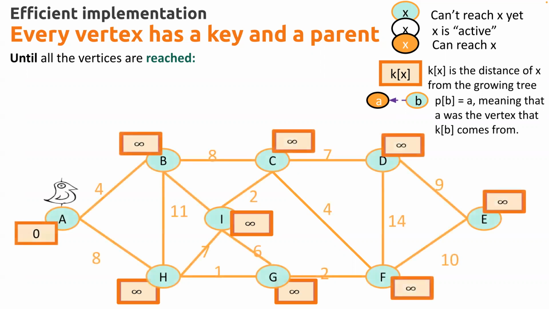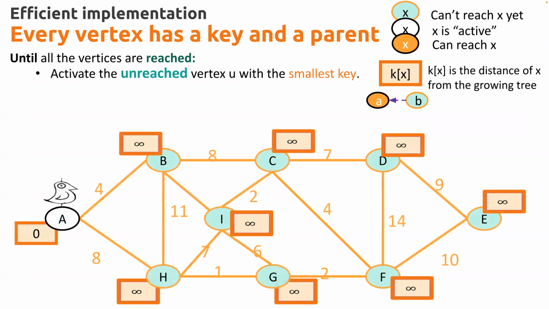Oh, great. There's the graph. All right. So this is where you start out. We're going to do it from A. It's going to start with a key estimate of 0, and everything else is going to start with infinity. What you do first is activate some unreached vertex with the smallest key. This is the same thing as Dijkstra.